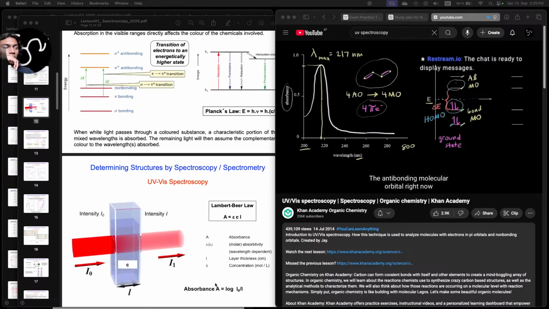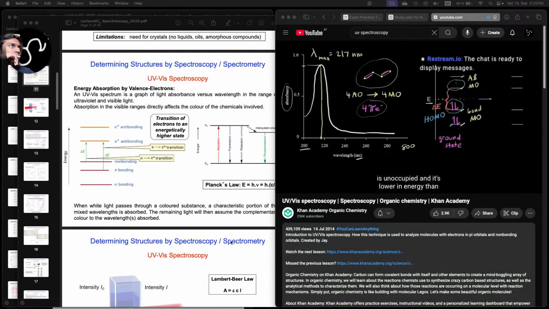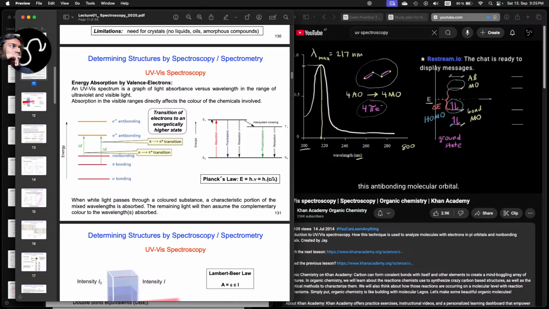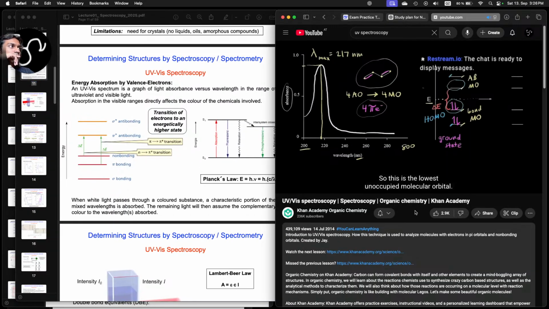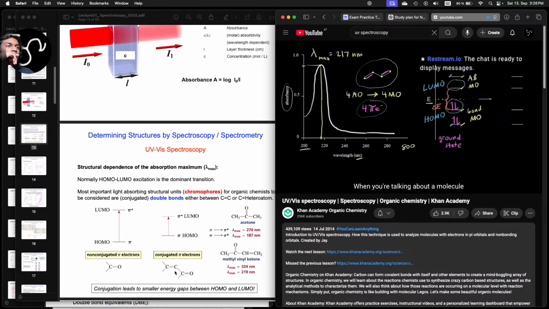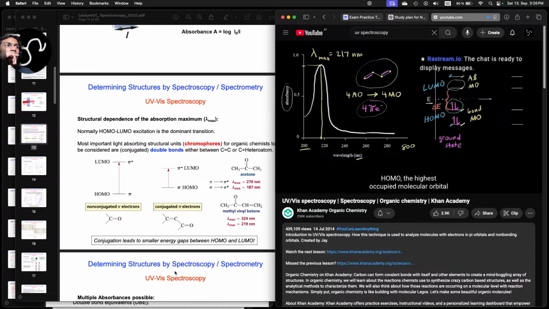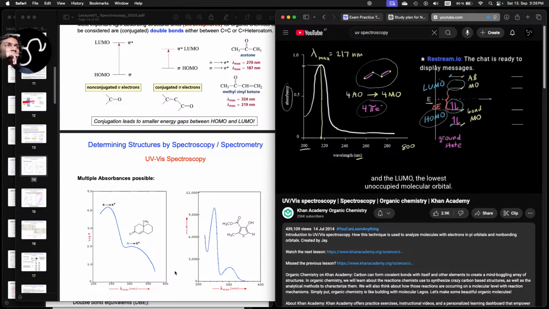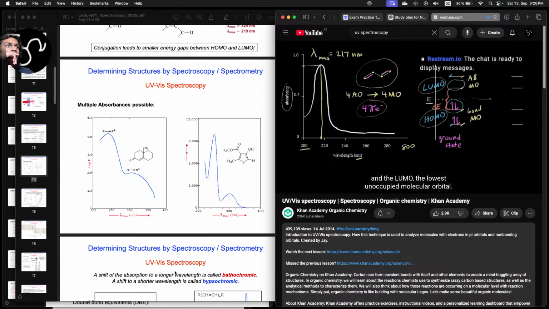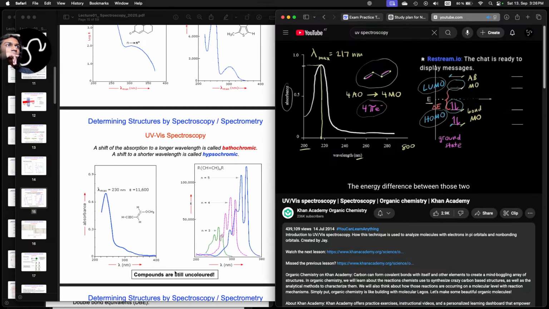The antibonding molecular orbital right now is unoccupied, and it's lower in energy than this antibonding molecular orbital. So this is the lowest unoccupied molecular orbital, LUMO. When you're talking about a molecule absorbing energy, we're concerned about the HOMO and the LUMO. The energy difference between those two orbitals is what we're thinking about.